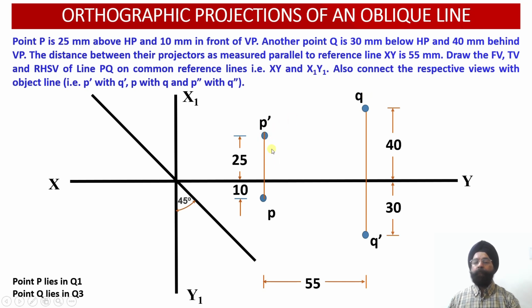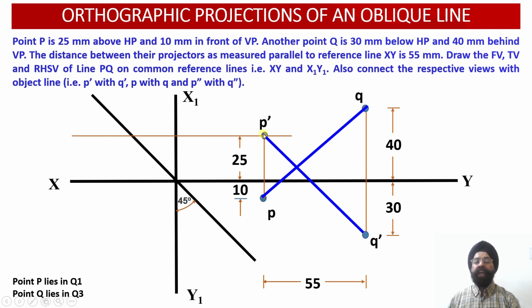Now, having obtained the points P dash, Q dash, P and Q, we are going to join the respective points, that is P dash with Q dash and P with Q. P dash Q dash is the apparent length of the oblique line when point P lies in the first quadrant and point Q lies in the third quadrant. Similarly, PQ is the apparent projection of the line in the top view when point P is lying in the first quadrant and point Q is lying in the third quadrant.